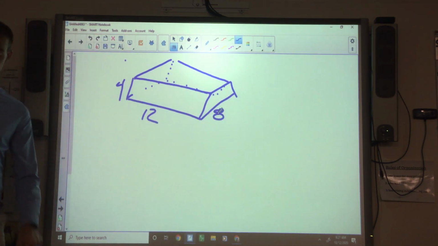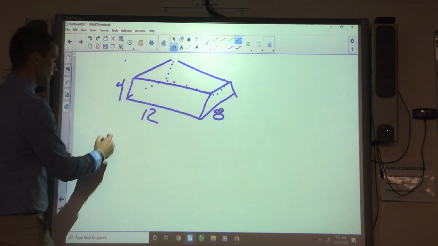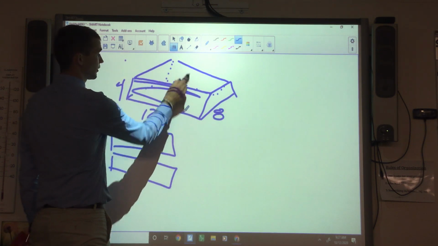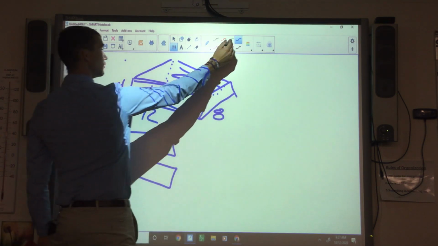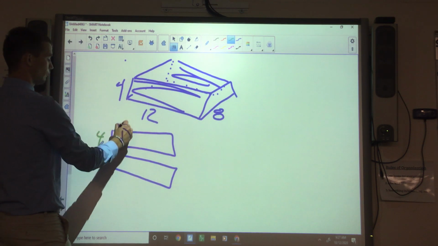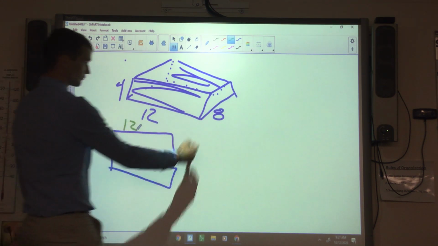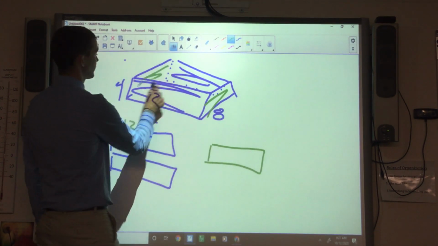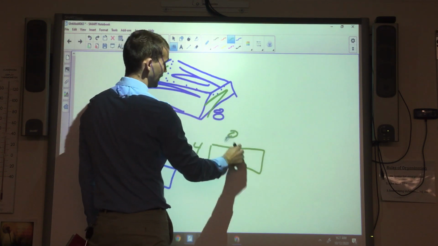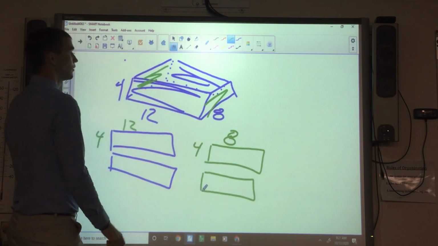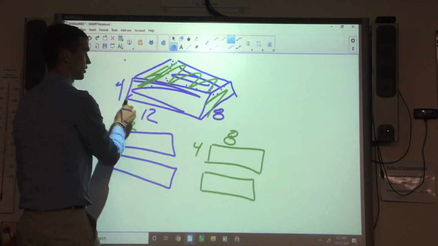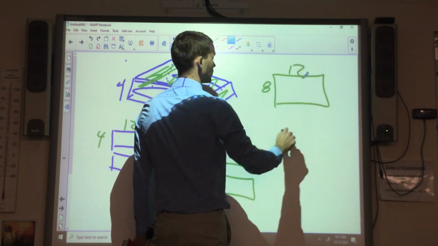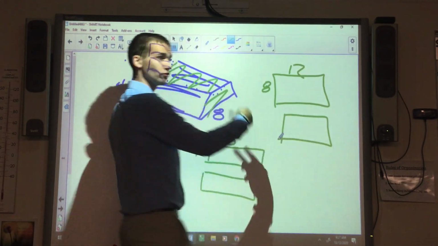So the big thing you have to remember is, here's one net, that's a 4 by 12, another 4 by 12, because this is going to be 4 by 12, and that back one's going to be 4 by 12. So I've got 4 by 12, and there's 2 of them. I've also got this one, 8 by 4, and this 8 by 4 over here, so I've got 4 by 8, and there's 2 of those. And then I've got these ones on the top here, which is going to be 12 by 8. And there's 2 of those.